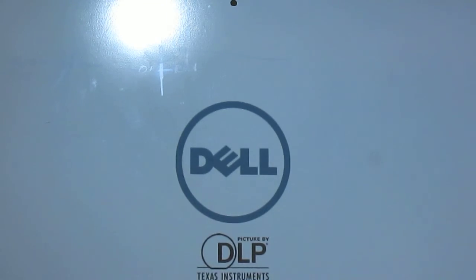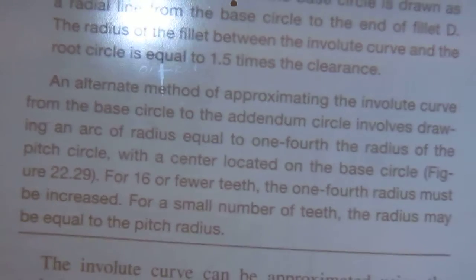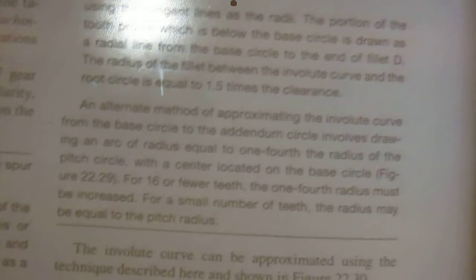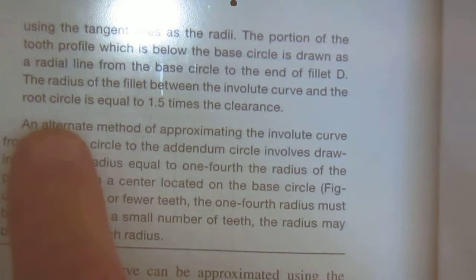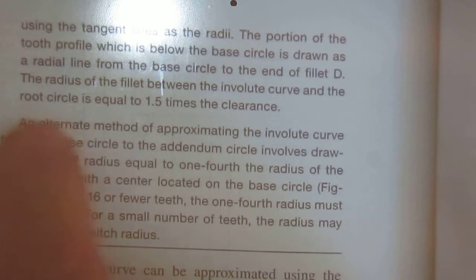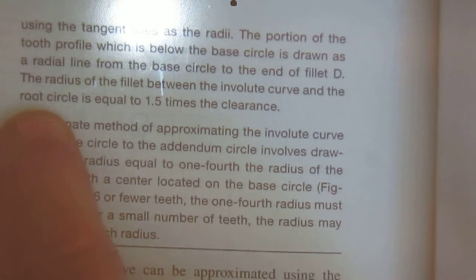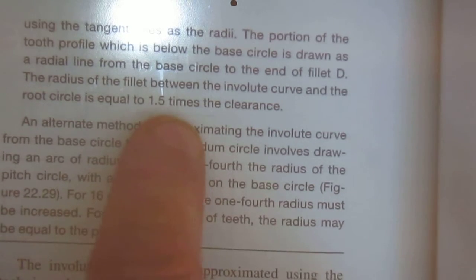Let me show you where it's at. I'm in your textbook, page 1118, top right column paragraph, last line of the instructions on step 6. The radius of the fillet between the involute curve and the root circle is equal to 1.5 times clearance.